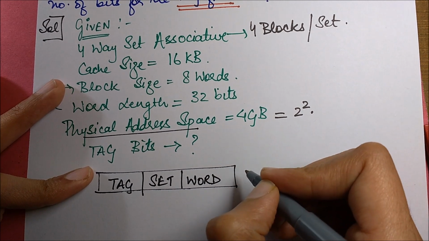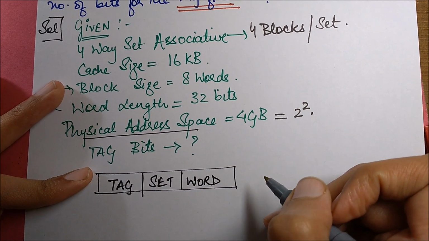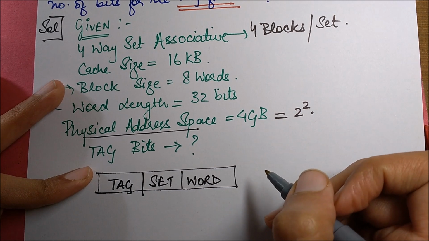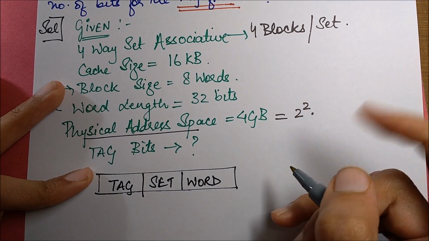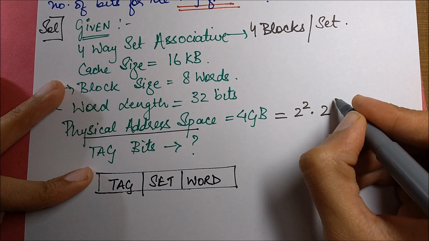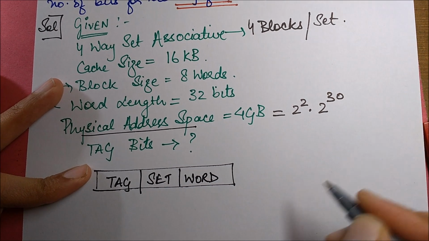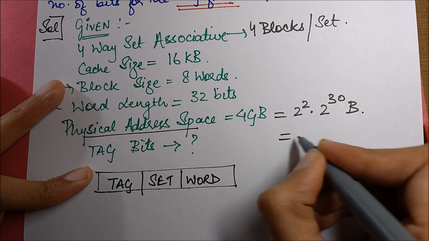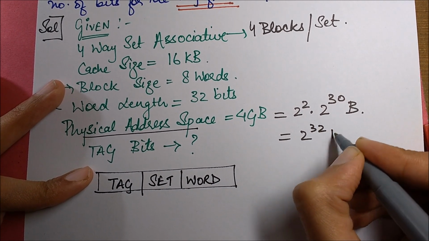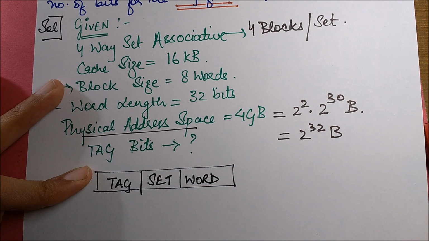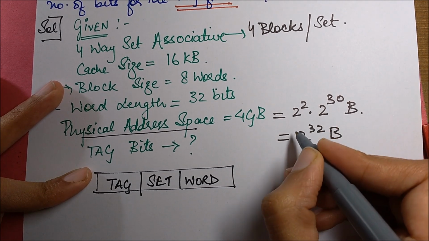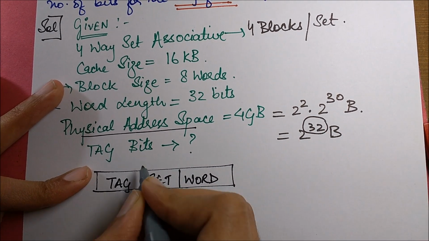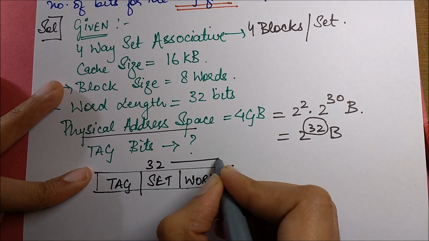You know that 2 to the power 10 bytes is kilobytes, 2 to the power 20 is mega, and 2 to the power 30 is giga. So I'm going to write 2 to the power 30 bytes here. That means the entire thing is 2 to the power 32 bytes. This can be represented with 32 bits, so I'm going to label it as 32.